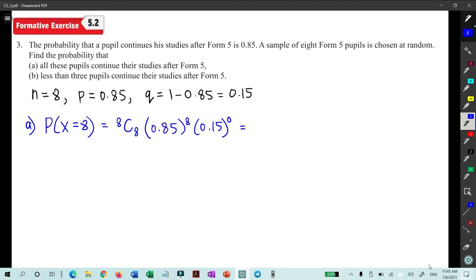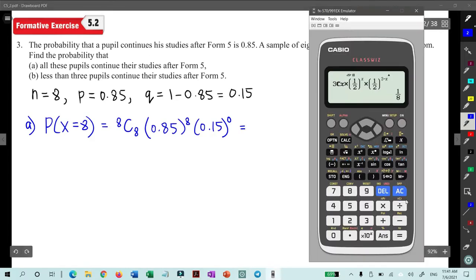And let's key in these values into the calculator. 8CX multiplied with 0.85 to the power x multiplied with 0.15 to the power of 8 minus x. Calc, and then the value of x is equal to 8.